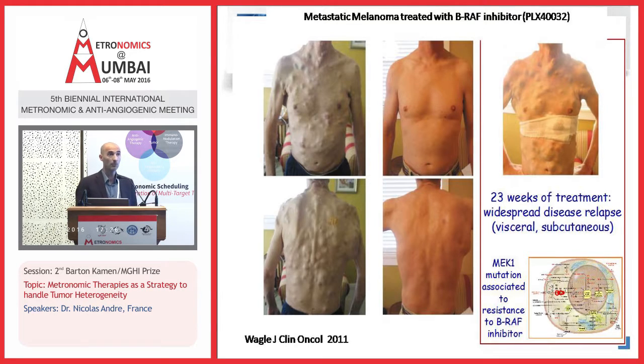After 2 months, you had a beautiful, incredible response. But 2 months later, the tumor started growing again. They were able to demonstrate that the clones had another mutation in MEK1 that was responsible for the resistance to BRAF inhibitor. So, starting from this, what can we do?